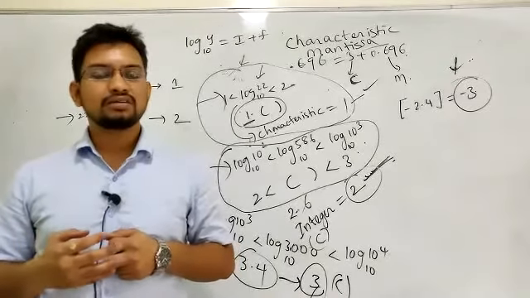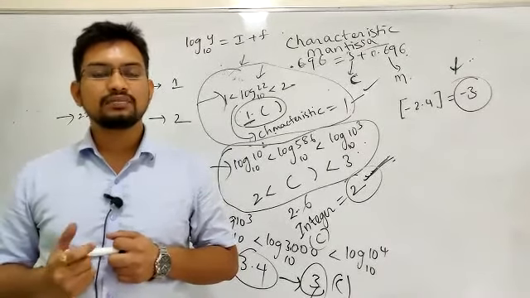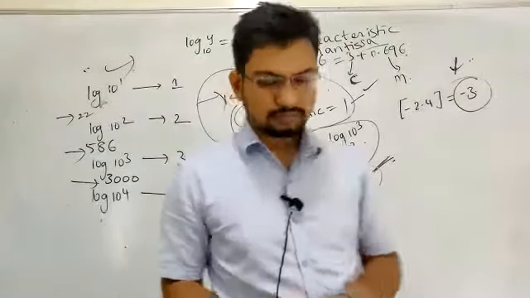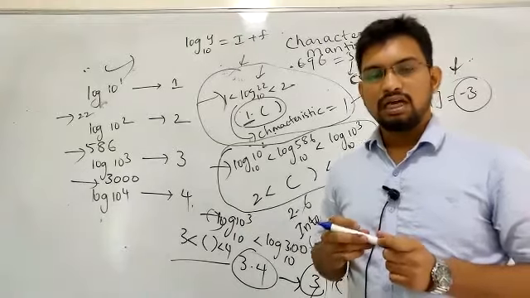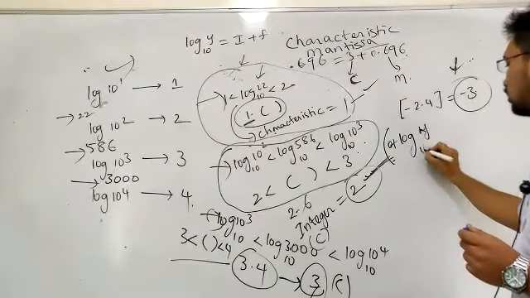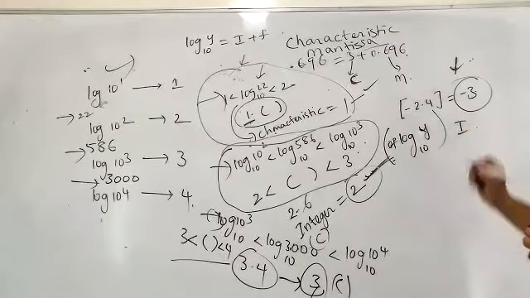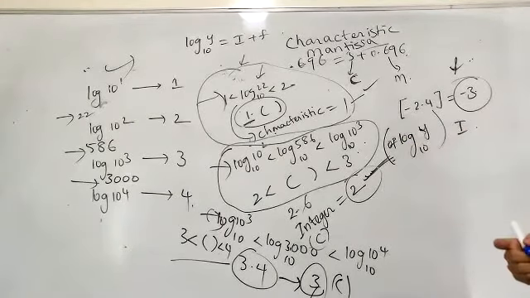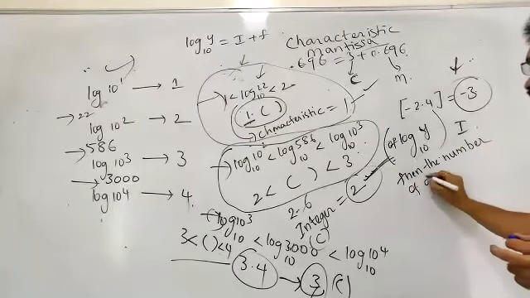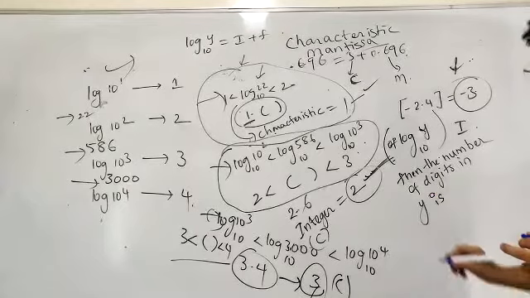If the characteristic of a common logarithm is capital I, or you can write, in brackets, if the characteristic of log y to the base 10 is capital I, then the number of digits in y is I plus 1.